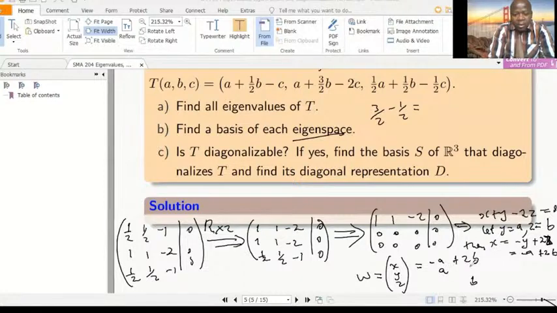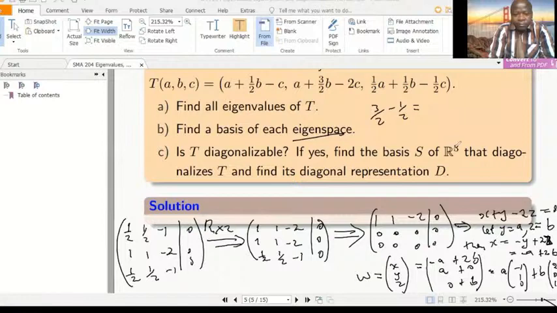In fact, we can write this as a times negative 1, 1, 0, and b times 2, 0, 1. So this is W, the eigenvector.